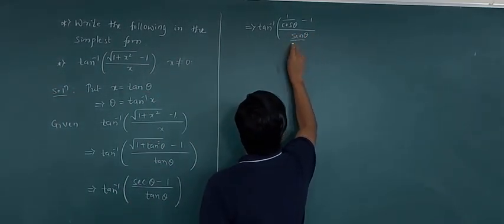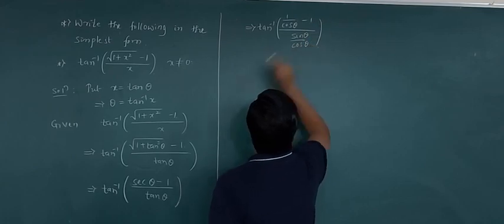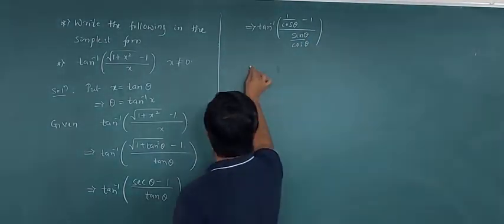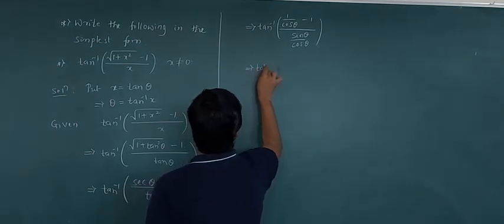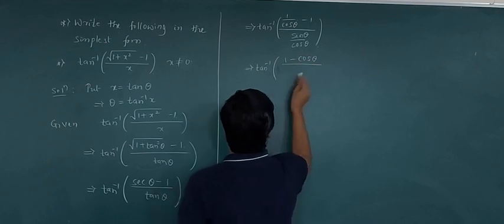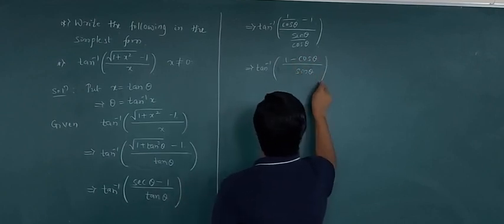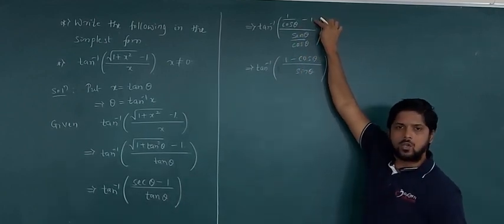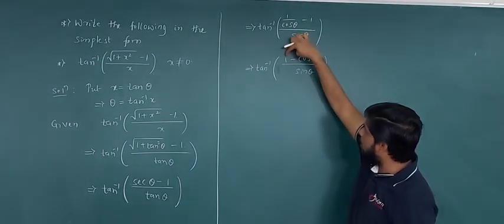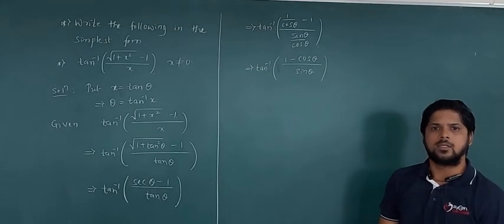So sin theta divided by cos theta. Taking LCM and simplifying inside the bracket, we get tan inverse of 1 minus cos theta divided by sin theta, because cos theta into minus 1 is cos theta divided by cos theta. So cos theta gets cancelled, and we remain with only 1 minus cos theta divided by sin theta.